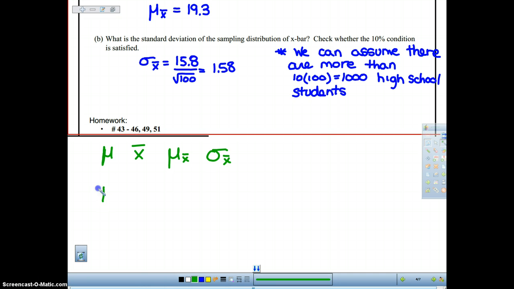Okay, for proportions, p is the population proportion, p hat is my sample proportion, mu of p hat is the mean of my sampling distribution of my sample proportion, and standard deviation of p hat is the standard deviation of my sampling distribution of my sample proportion. Okay, I need to make sure I know what these 8 symbols mean because they're going to come up again and again and again, and if I don't know what they mean, I won't know how to use them.